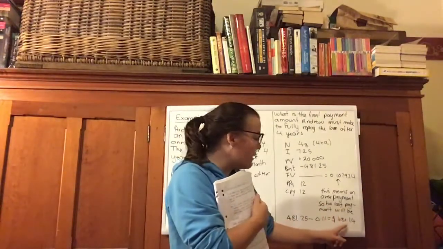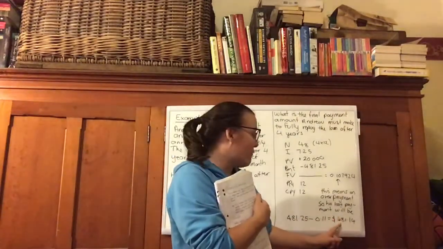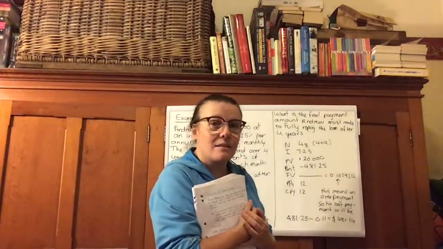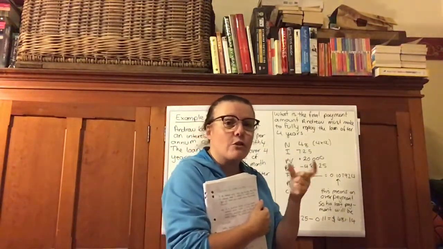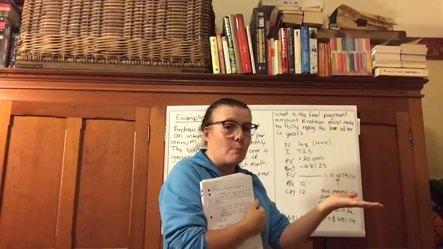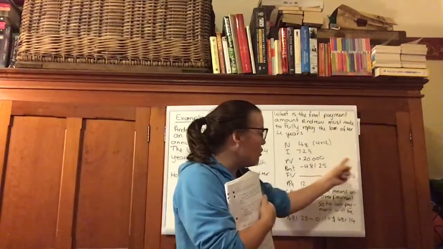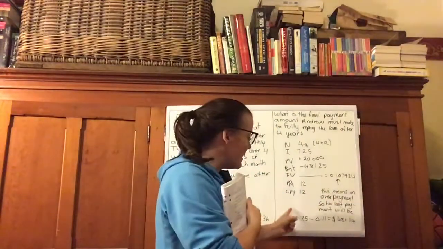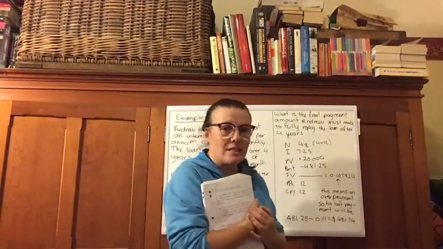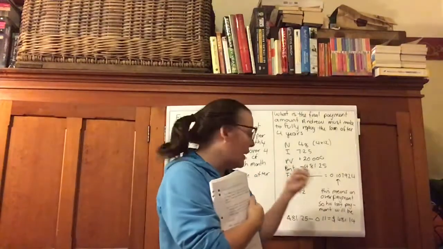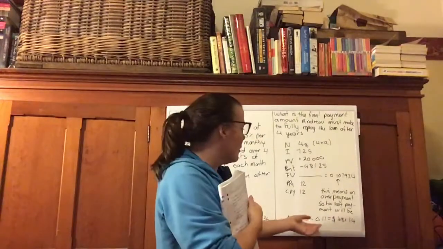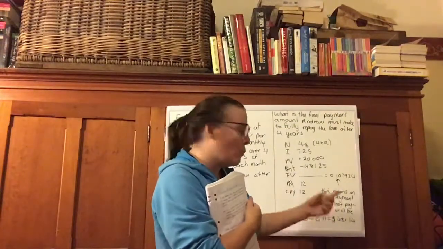So his final payment is $481.14. So we've adjusted for the fact that if he paid the full amount, he would be overpaying by 11 cents. So that last payment has been adjusted down here. And of course, you would put that into your sentence. You know, Andrew's final payment will be $481.14.